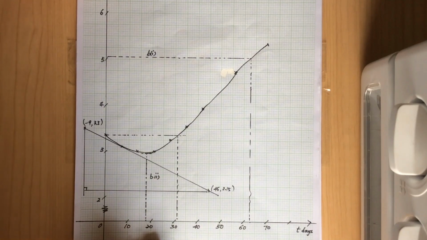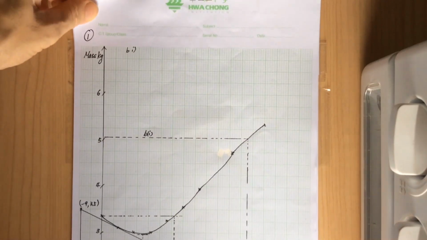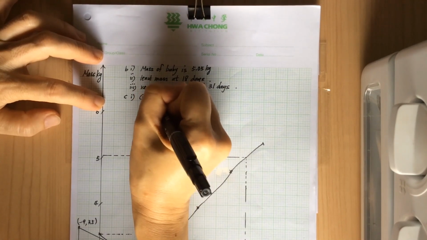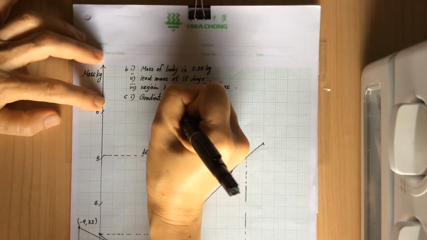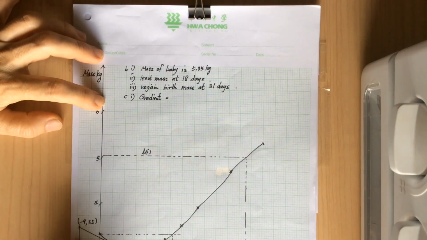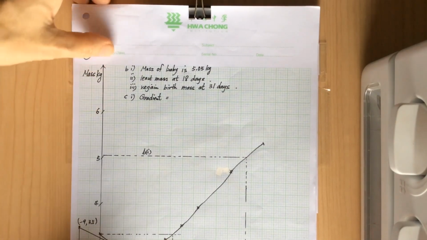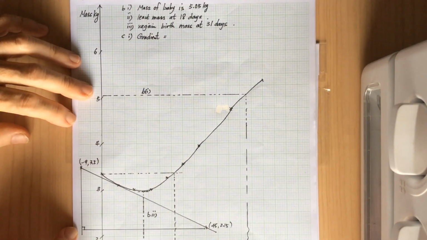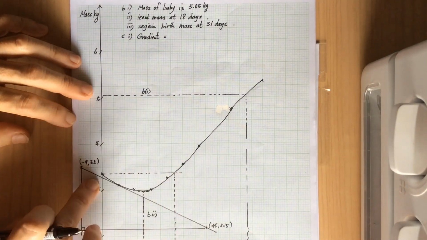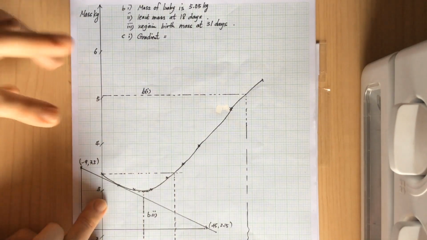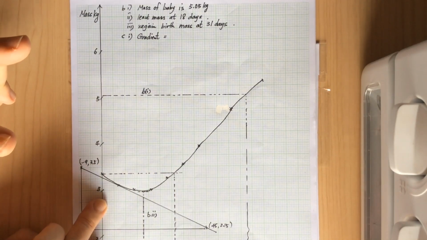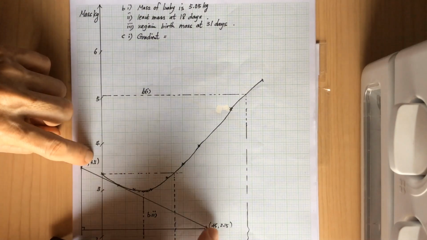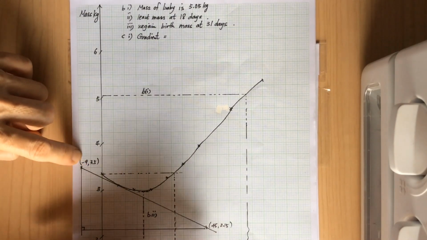Next we are going to write all the answers on top there. So now we have finished with we want to find the gradient. Gradient means I want to find how this length compares with this one. This line slants this way, so the gradient is going to be negative. There are two ways to calculate the gradient. One is you use this y minus this y, divide by this x minus this x.